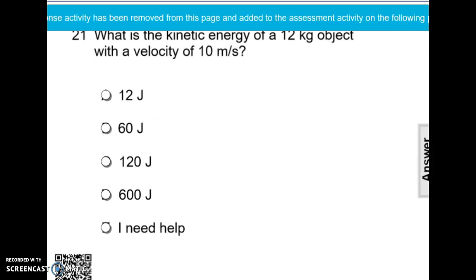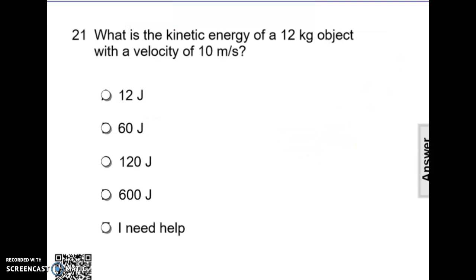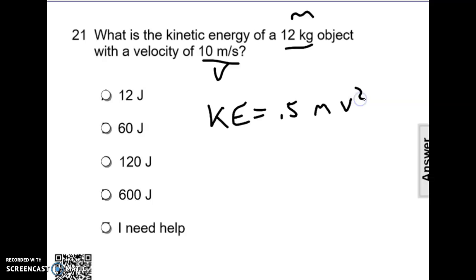Moving forward, we're going to do our first word problem. It says, what is the kinetic energy of a 12 kilogram object? That's our mass. With a velocity of 10 meters per second, that's our velocity. The kinetic energy is equal to 0.5, which is the 1/2, times m times v squared.